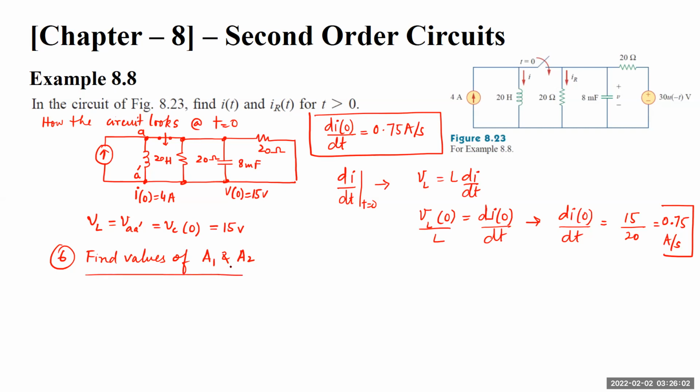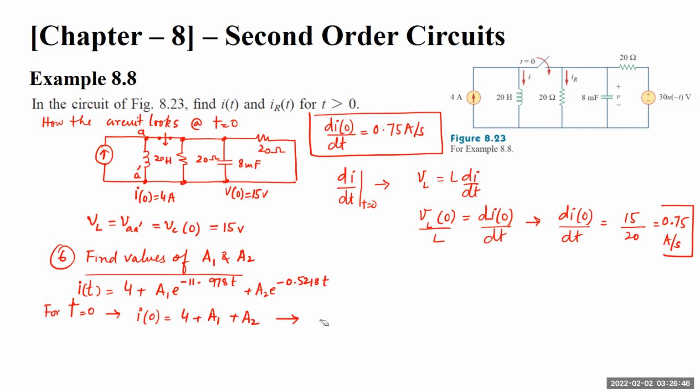So finding the values of A1 and A2, first, we know that our solution was i(t) = 4 + A1 e^(-11.978t) + A2 e^(-0.5218t). So this is my first case. For the first equation, for t equals 0, what do we get? i(0) = 4 + A1 + A2.